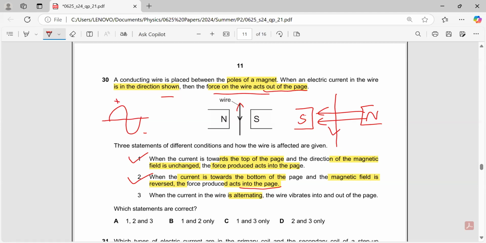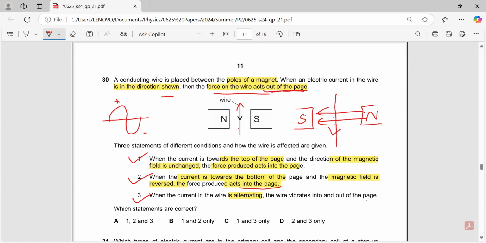So the wire vibrates into and out of the page. Yes, definitely. If the direction of current keeps on changing, then the force on the wire will also change. When the direction is downwards, it moves out of the page. And when the direction is reversed, it is upward, then the direction of the force acting on this wire will be into the page. So this third statement is also correct.